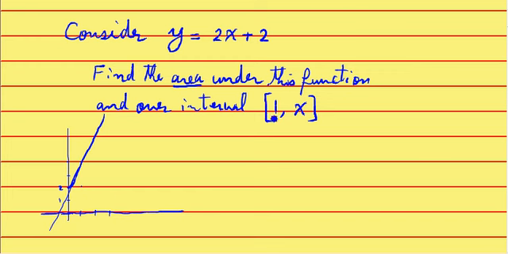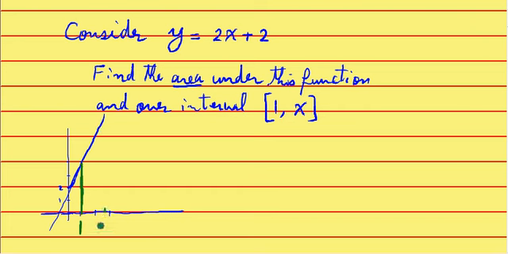Question is, we want to find the area that's underneath this and extends over, starting at 1. Use a different color here. So here's our starting point 1 and a specific ending point.